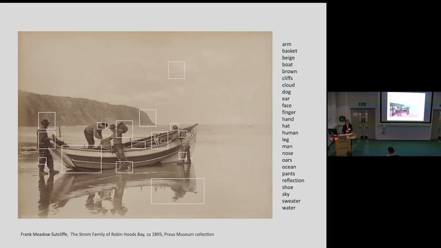And when we did workshops within this project, we included data scientists, computer scientists, and historians and art historians, and it was really interesting to see that the computer scientists were mainly focusing on details like, is it a face? Is it a hat?